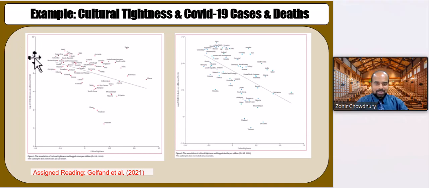So you can see in here the score with respect to higher number of cases and deaths, lower cases, lower number of deaths, and then the respective countries that are represented in this location with respect to high cases, low cases, high death, and low death. And you can see on the right axis, which is the specific indicator, this tightness indicator.